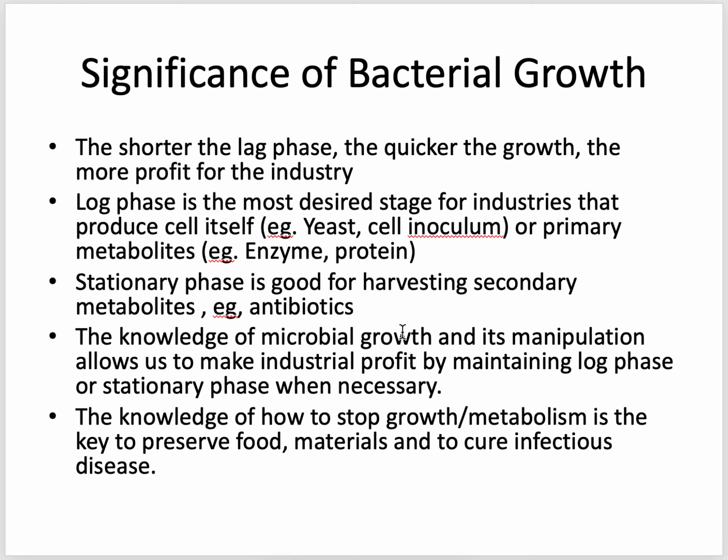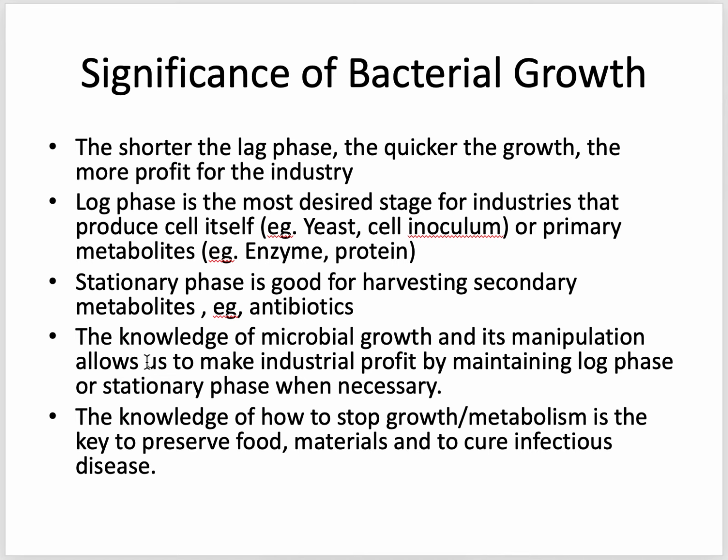If you want to produce secondary metabolites such as antibiotics by microorganisms, in that case you have to lengthen the stationary phase. How can we increase the stationary phase or the log phase?